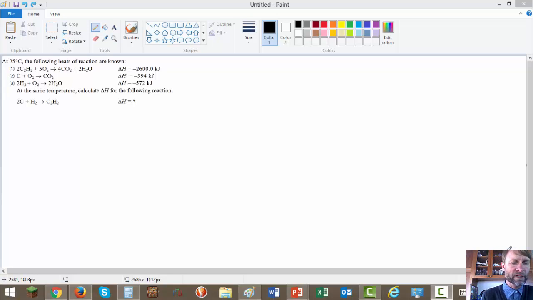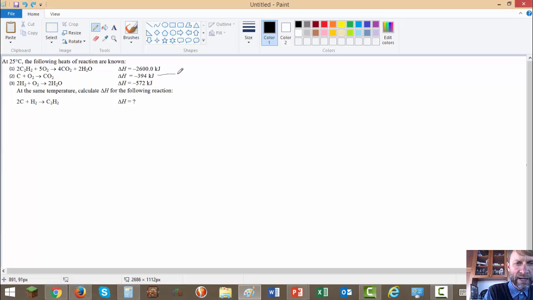Okay, so we're going to work this problem where the desired reaction is 2 carbon plus hydrogen to give us C2H2. And the strategy is to look at the reactants and see that we need 2 carbons. Reaction number 2 gives us carbon, but only one at a time. So we have to multiply reaction number 2 by 2 in order to get the desired reaction.